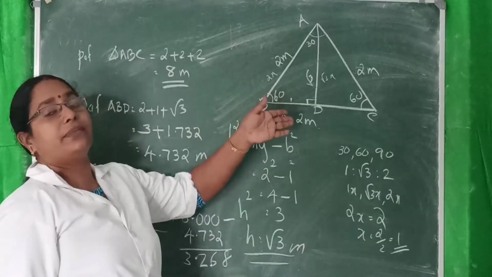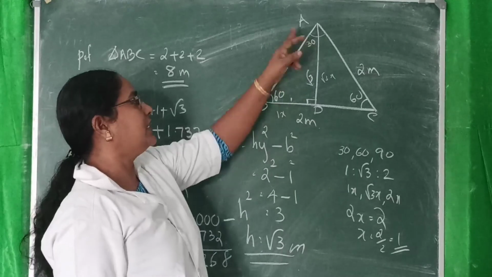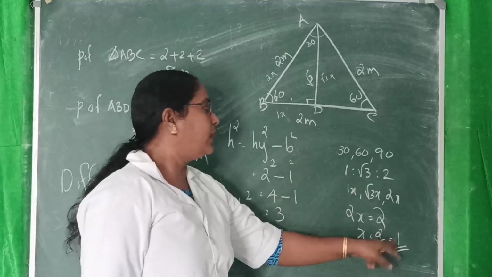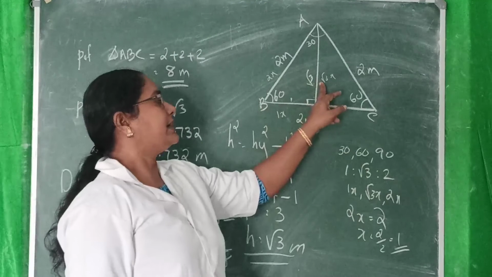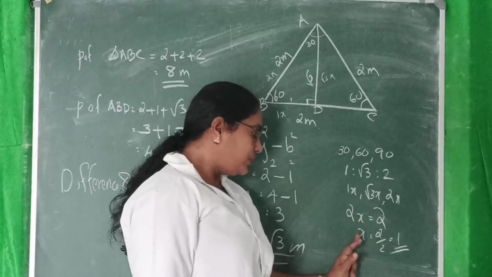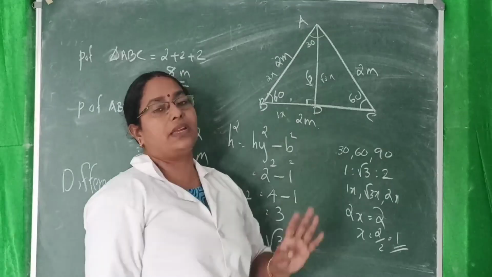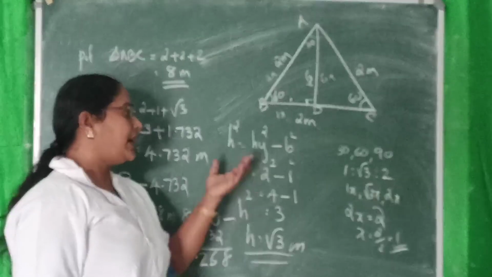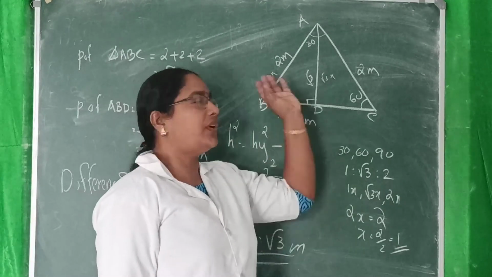With x equal to 1, find the other sides: opposite 30 is 1x, 1 into 1, 1. Opposite 60 is root 3x, root 3 into 1, therefore root 3. Use any one method and find the sides.